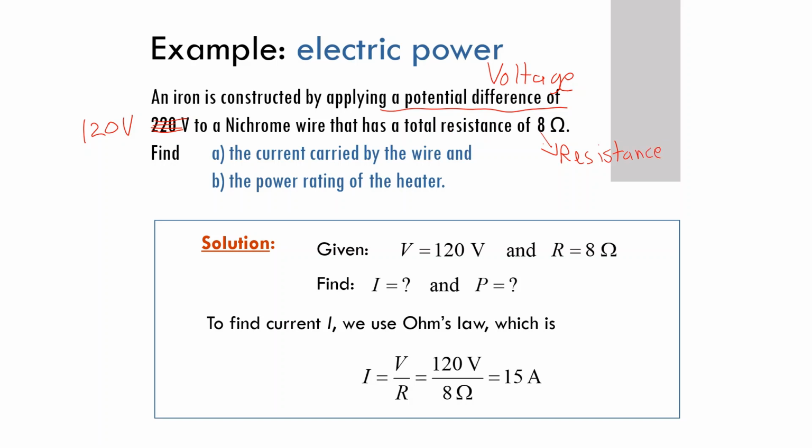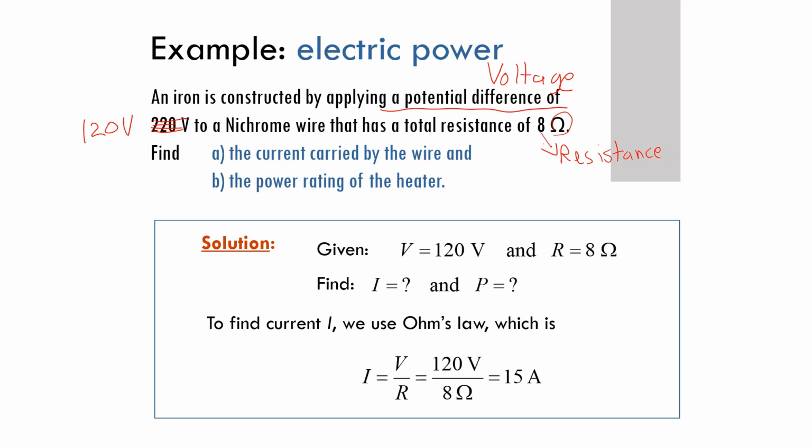If you don't know the meaning of potential difference or resistance, my trick is to look at the units. If the unit is V, it is a volt, so that number is a voltage. If the unit is ohm, that number is the resistance.